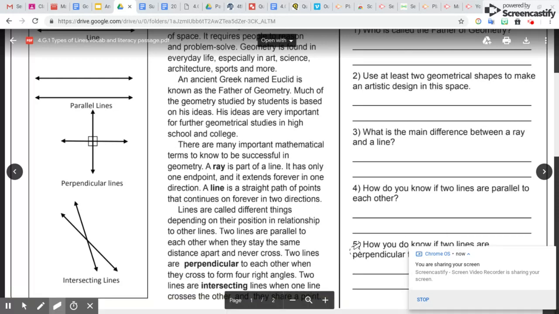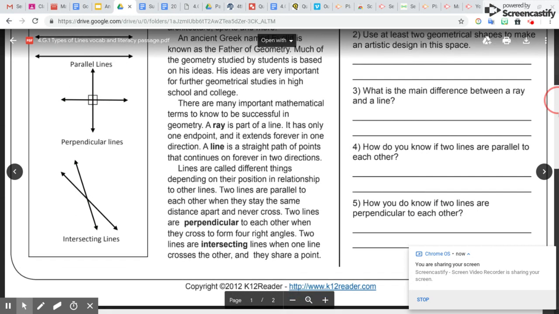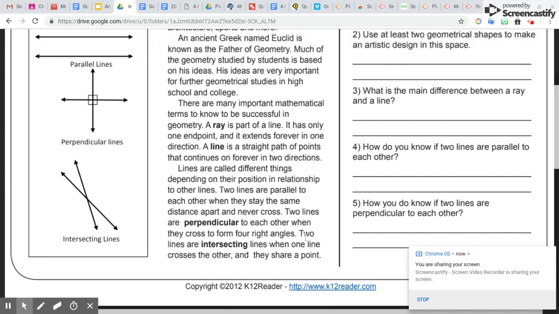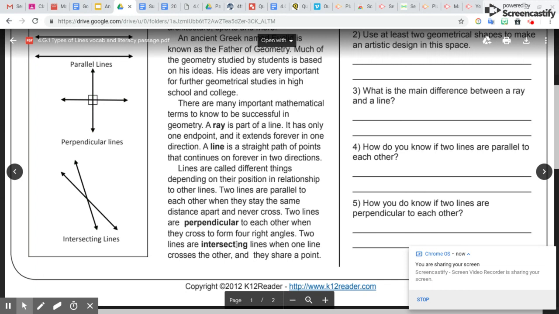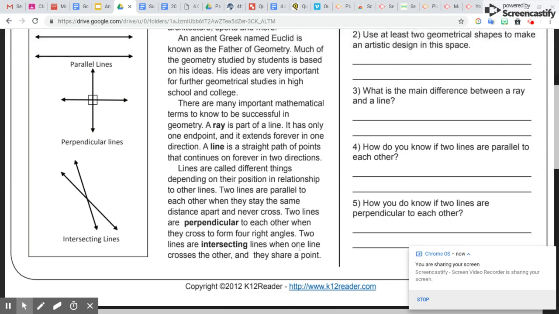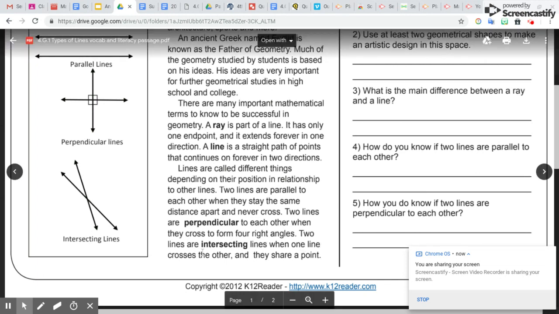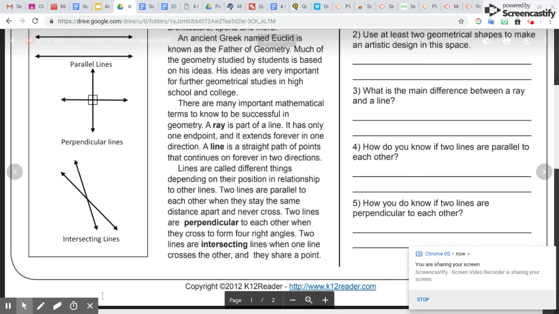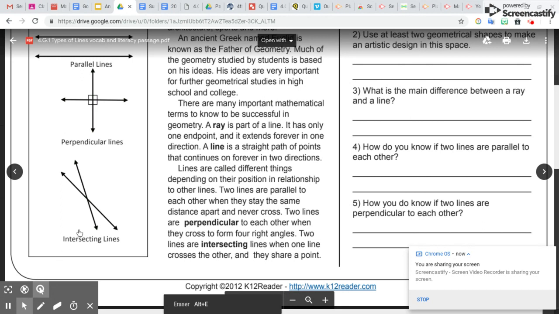Let's go. Last one, and I'm out of your hair. We are going to talk about intersecting lines. Look at these intersecting lines here. Look how they cross. First of all, we need to know that they do cross. Let's read what it says. Two lines are intersecting lines when one line crosses the other, as we see here, and they share a point. Where's that point at? You guessed it, right there.